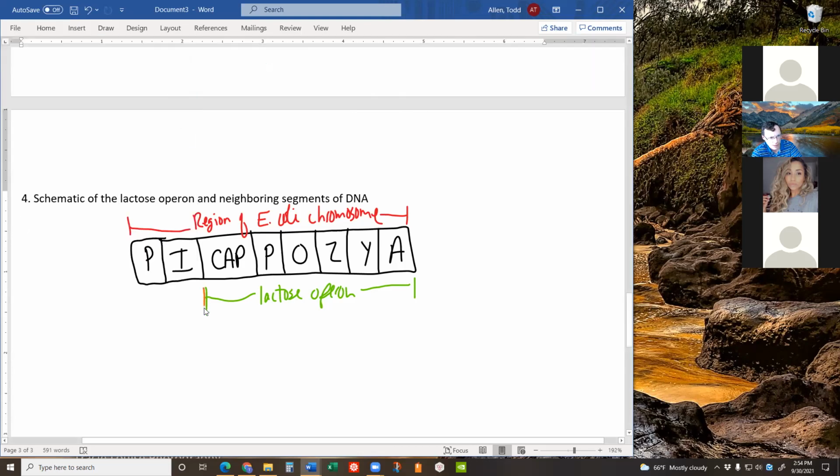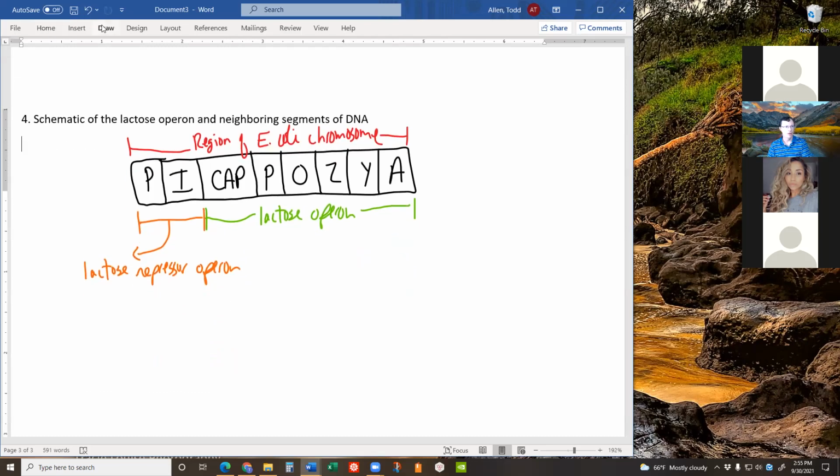And that would be from here to here. And this would be another operon, and I'll blow it out this way. This is the lactose repressor operon. Okay. So the orange is something known as the lactose repressor operon. The green is something known as the lactose operon. The whole thing is simply a segment of nucleotides that are part of the E. coli chromosome. Okay.